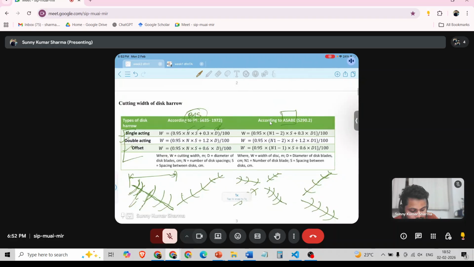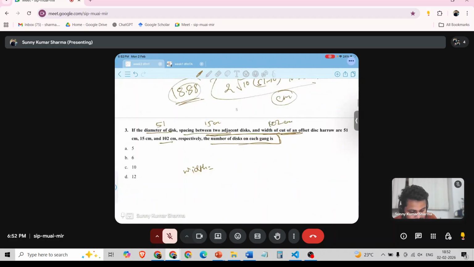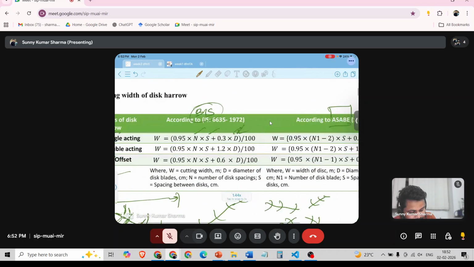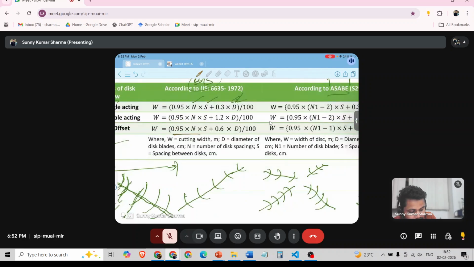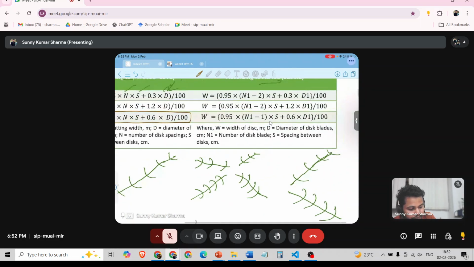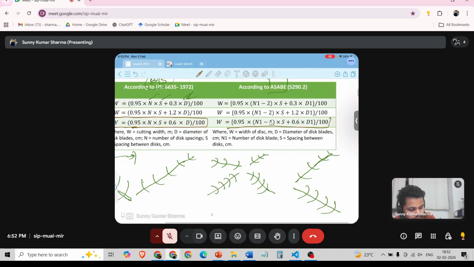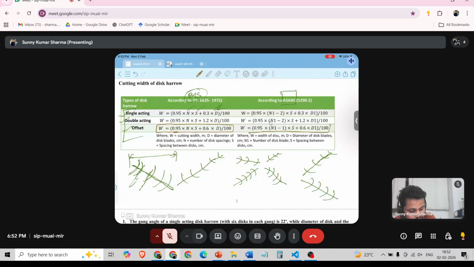The question is about an offset disc harrow. So for the offset disc harrow, this is the formula for width of cut, and for ASABE, this is the formula. So which formula to use?